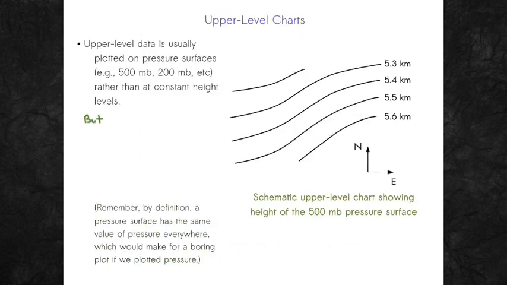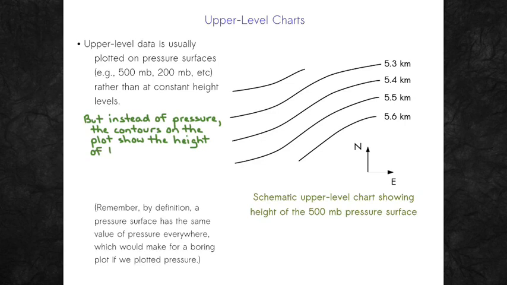So instead of plotting pressure on our upper level charts, the contours on the plot show the height of a pressure surface above sea level.